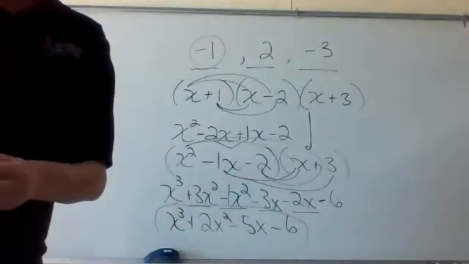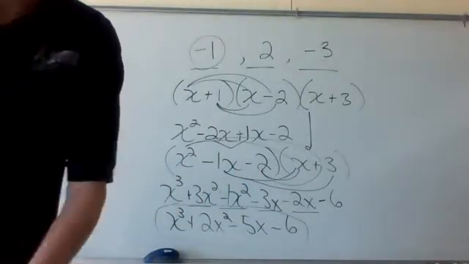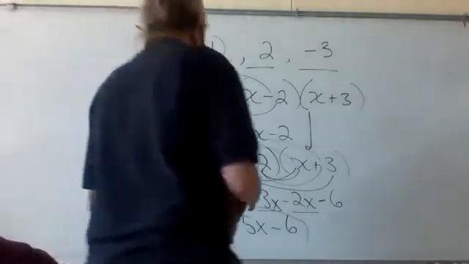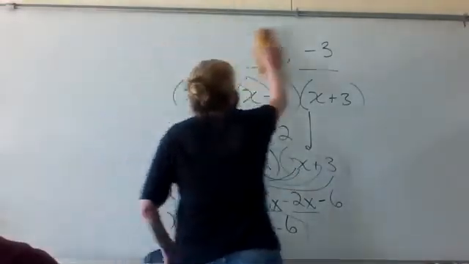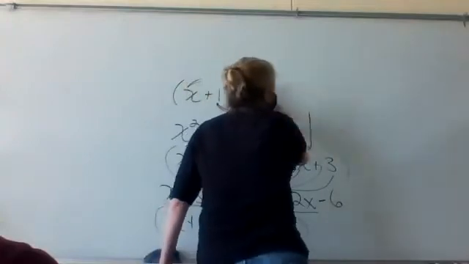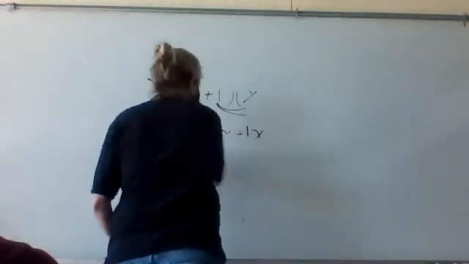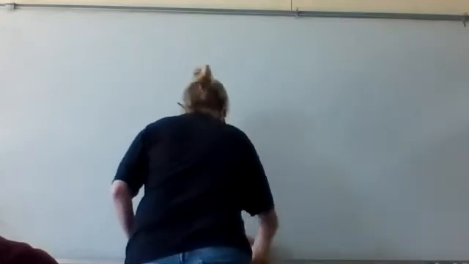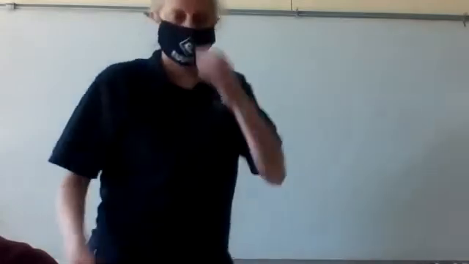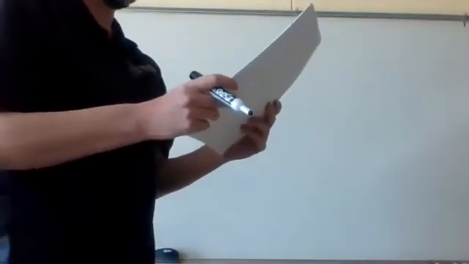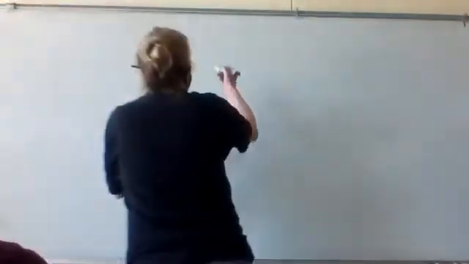Okay, let's look at number 2. All right, another polynomial function. This time my zeros are 4, 3i, and -3i.